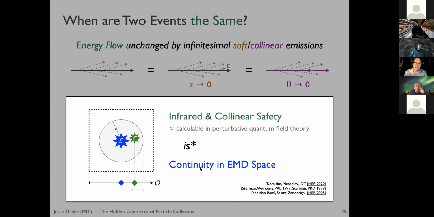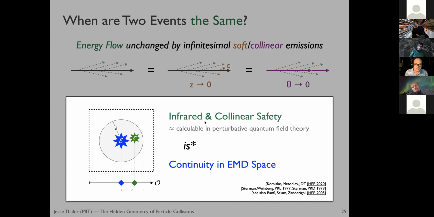That is, what configurations do I want to be considered identical to each other? And if you can define what you want identical to mean, then you can build a space that has that as its distance measure. It just happens that this particular notion of distance is the right one if what you're trying to do is make sure that you respect the soft and collinear singularities of QCD. Okay.